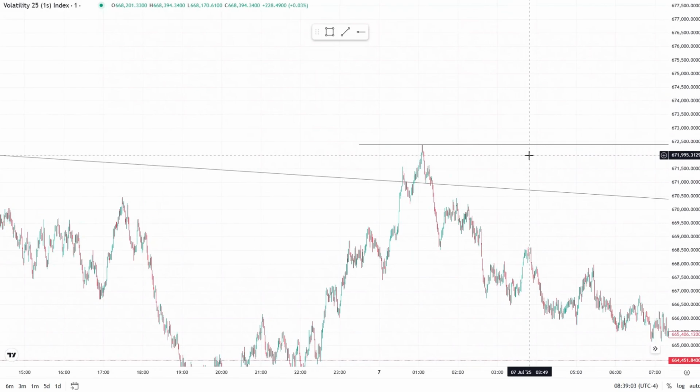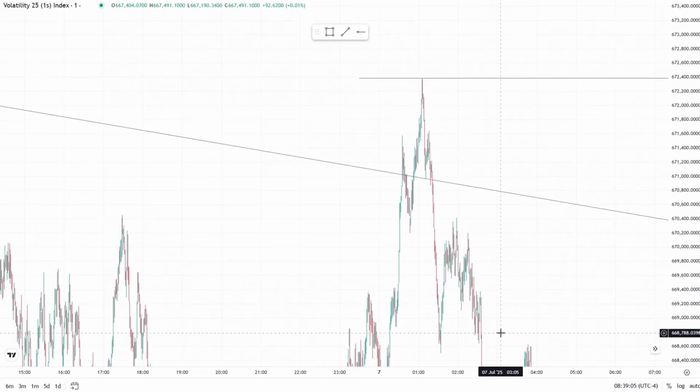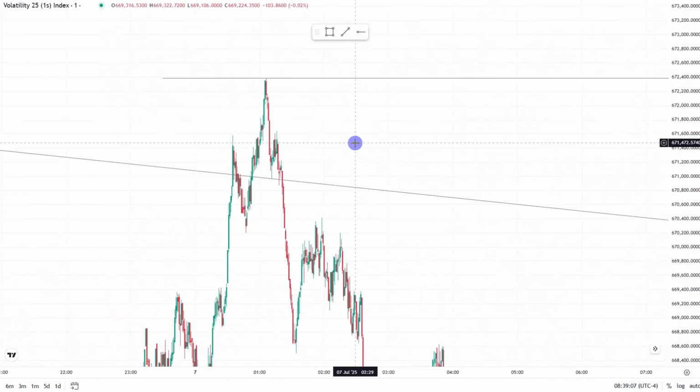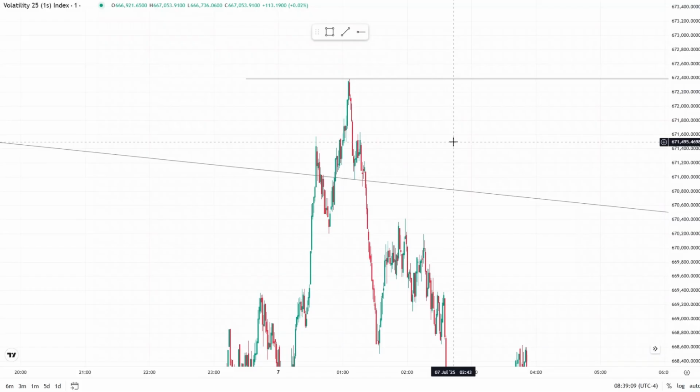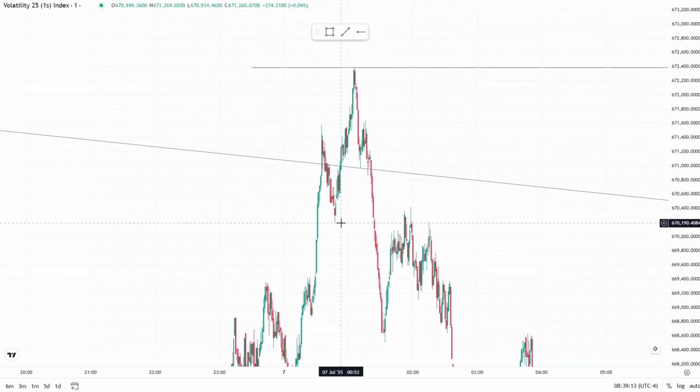We're looking at this zone right here. So notice how we have that similar thing right here. We had price going down, breaking.